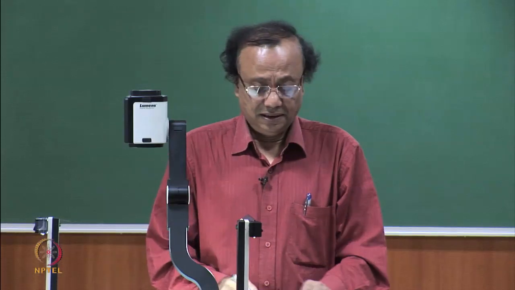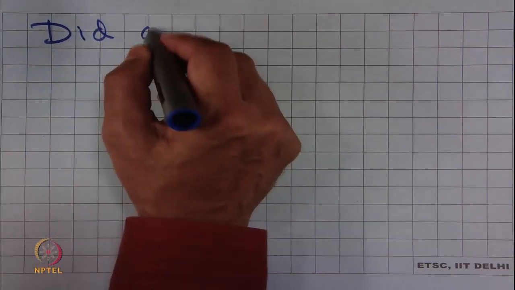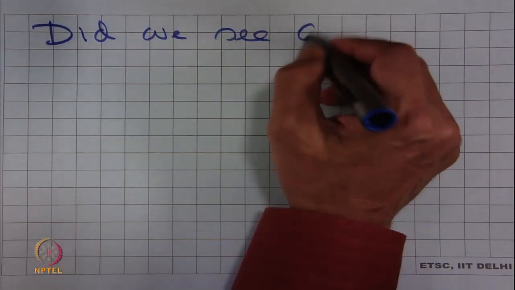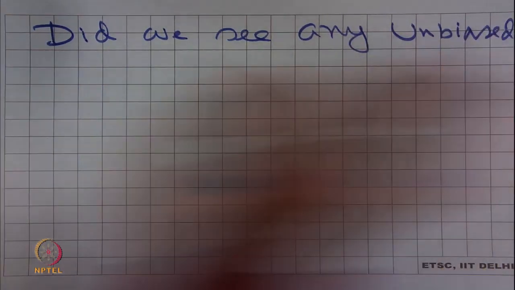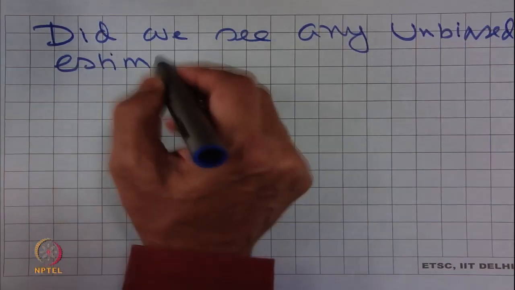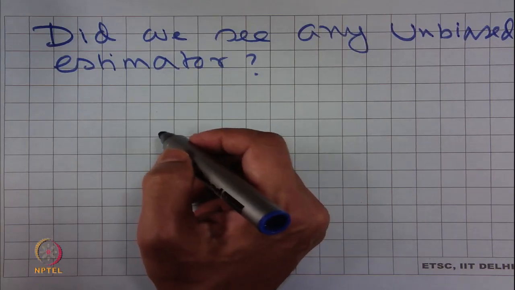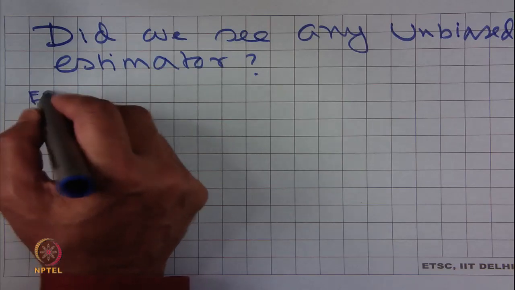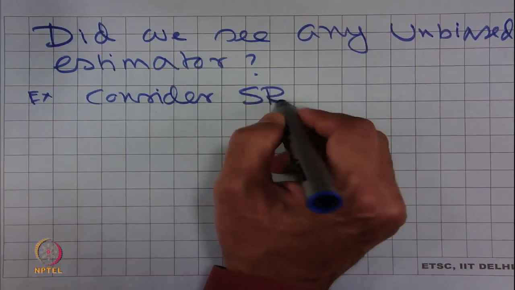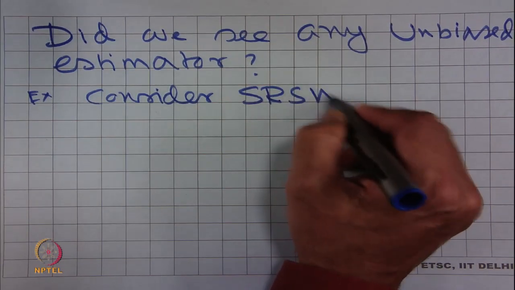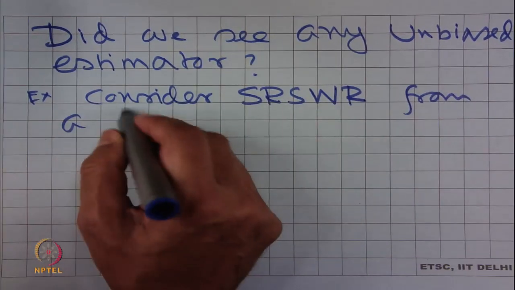Have we seen such an unbiased estimator? What do you think? Yes, we did. For example, consider simple random sampling with replacement from a finite population.